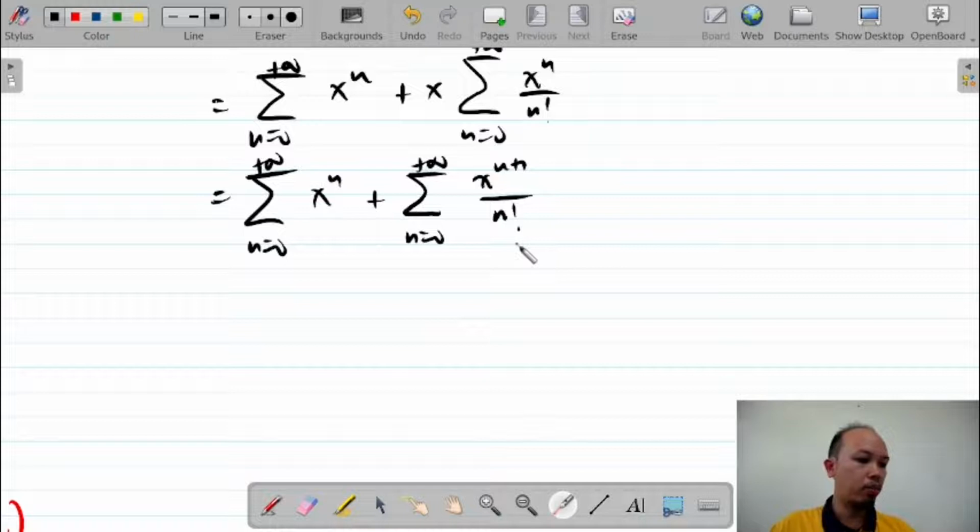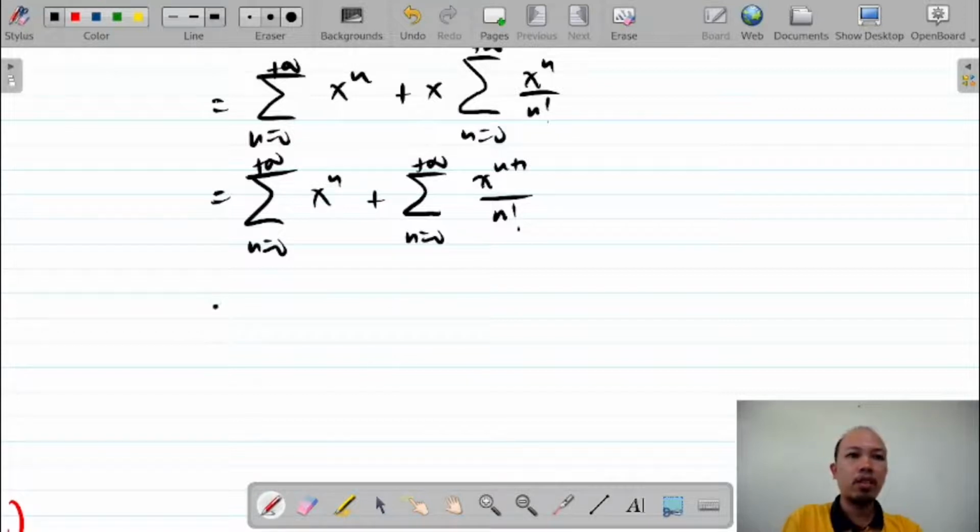So we are going to change the index to x to the n. The exponent of x should be x to the n, and the index will be changed also.